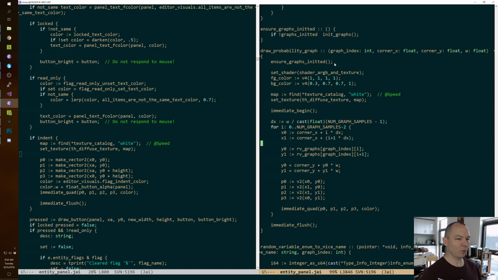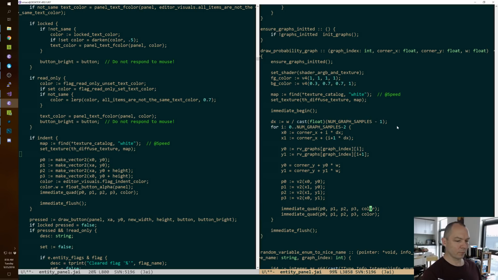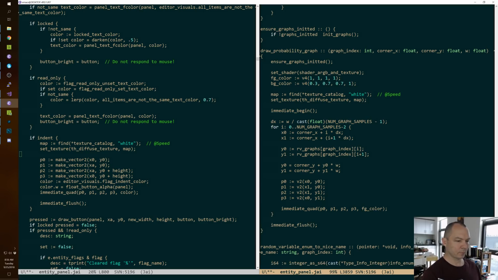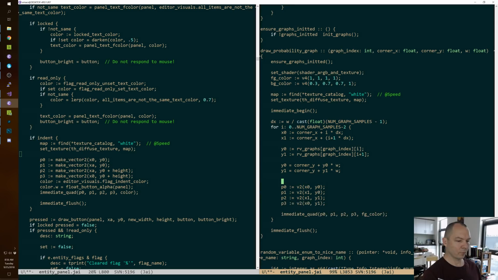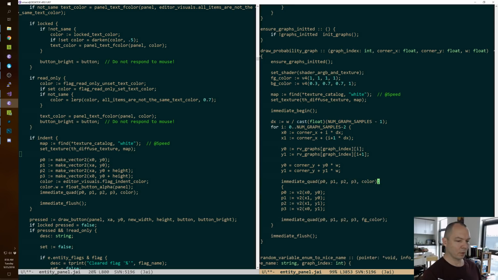We're going to put these in a tweak file probably. So we're going to do the background first, and then the foreground.